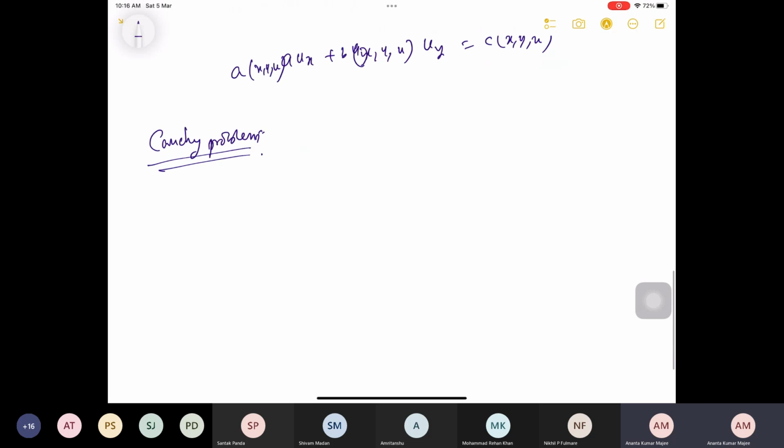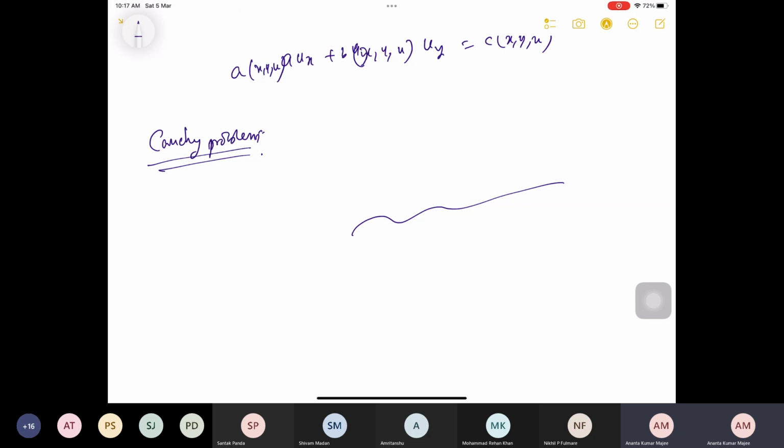So in particular, I think of it as a Cauchy problem. What do you mean by Cauchy problem? It means, basically, suppose I know some level surface which is given to you on some curve, and here I know my solution, like your initial conditions. In this case it is in two variables.